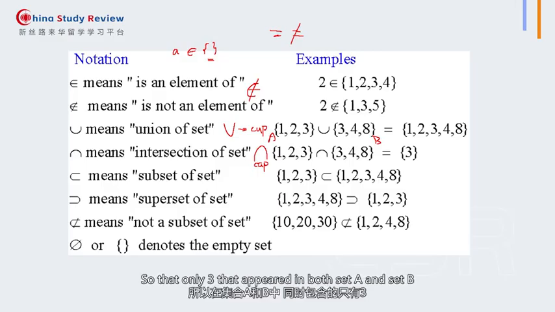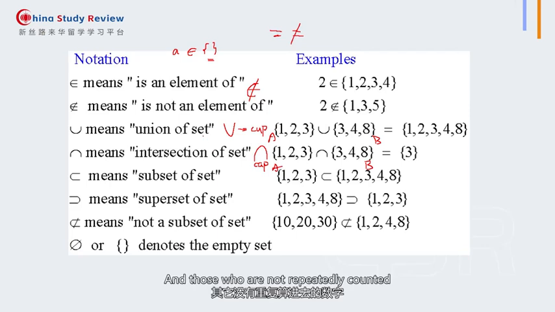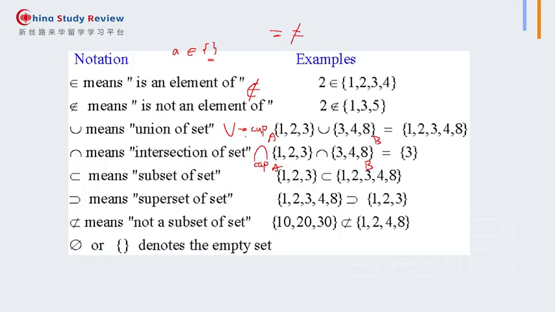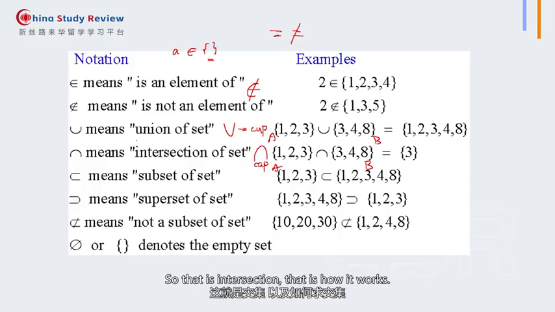So only 3, which appeared in both set A and set B, will remain in the new set. The other elements are not overlapping, so they will not be included in the new set of intersection. That is how intersection works.